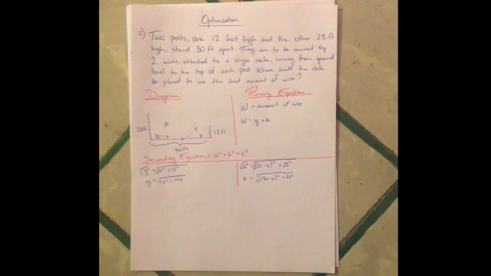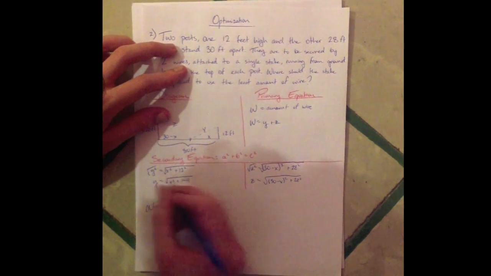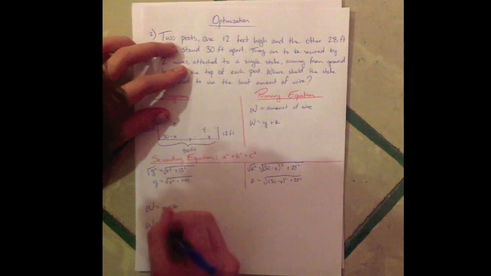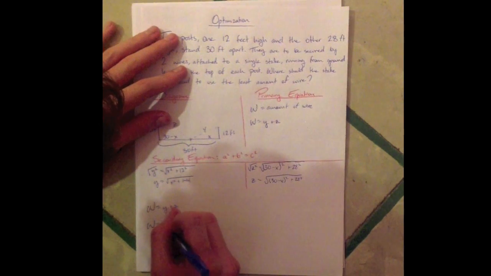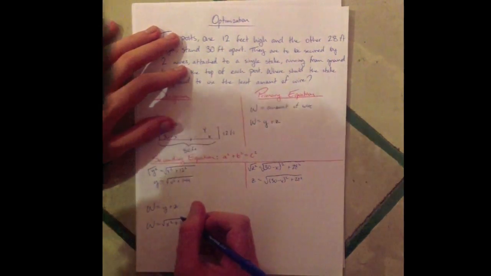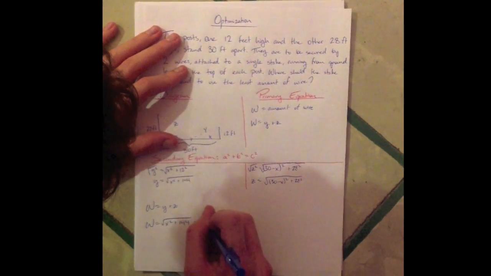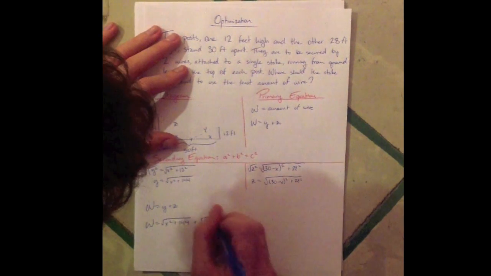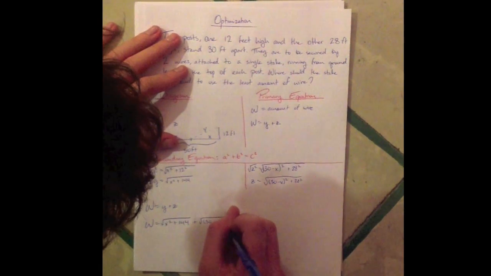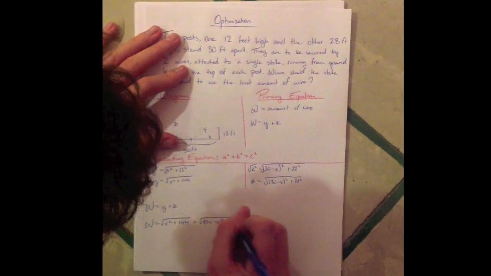Then we have to substitute these constraints into the primary equation. W equals y plus z. Substitute y, the square root of x squared plus 144, and you substitute z, so plus the square root of (30 minus x) squared plus 28 squared.